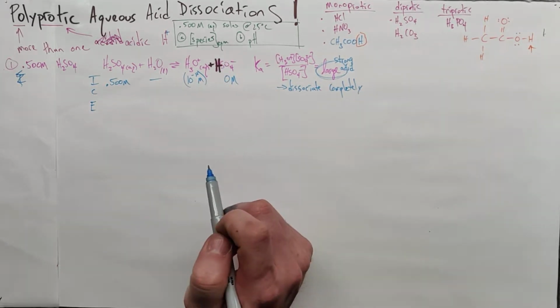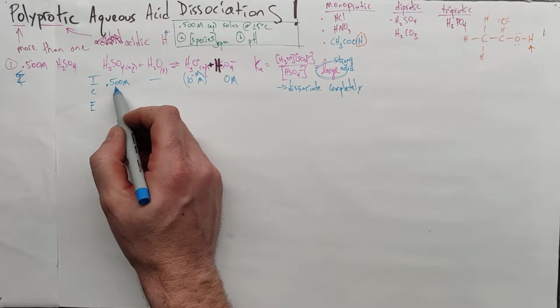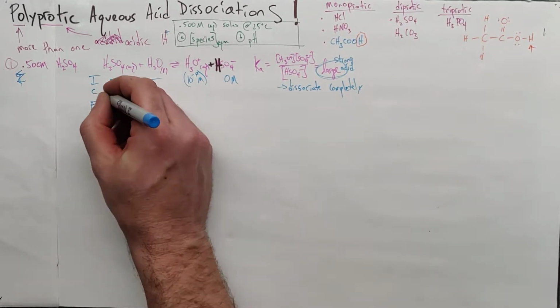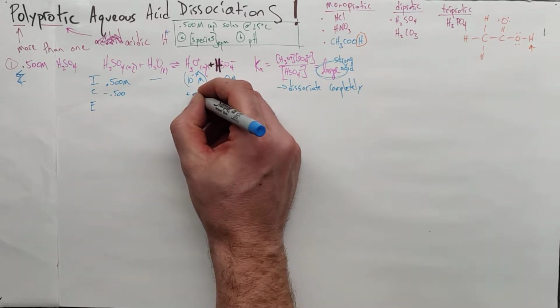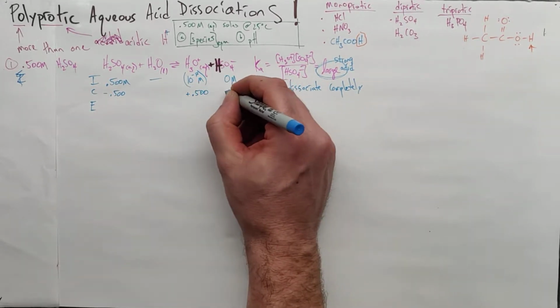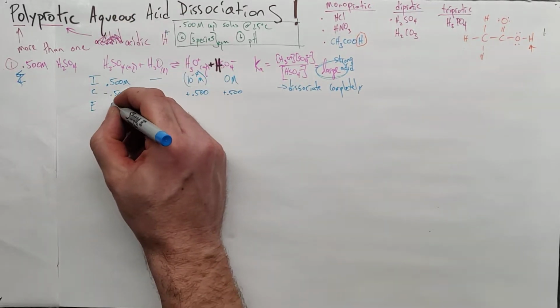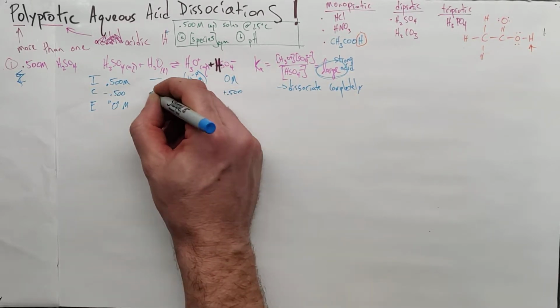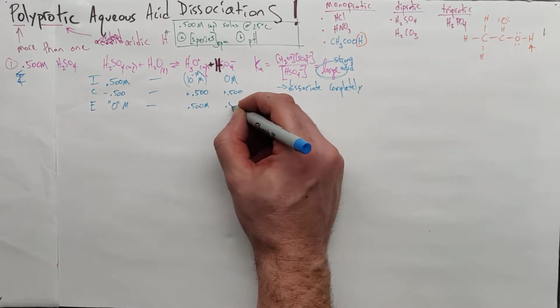And we haven't made any HSO4 minus yet. Since this is a strong acid, it's going to dissociate completely. So initially we have that much. The change is going to be all of it. We're going to lose that 0.500. Correspondingly, we're going to gain that 0.500, and we're going to gain that 0.500. And we get our equilibrium conditions, which is 0 molar, and that's kind of a lie, and 0.500 molar, and 0.500 molar.